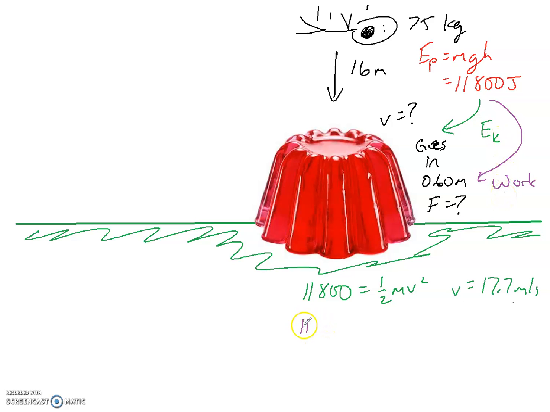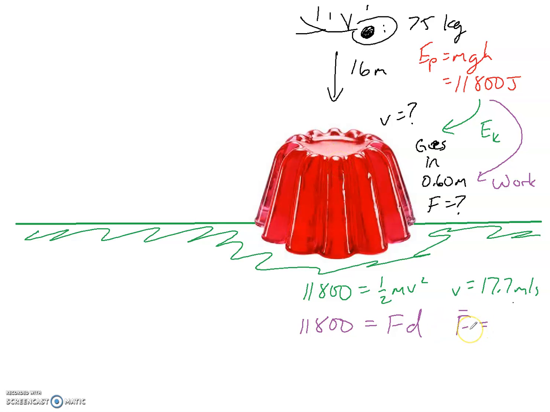So the jello has to take away all of that energy by doing work on him by applying a force over a distance. Well, I know the distance is 0.6, so now I can calculate the force that was used, and it would be an average force, because work equals FD, using a constant or an average force, and obviously if you hit the jello, it's not giving the same amount of force as you go into the jello.